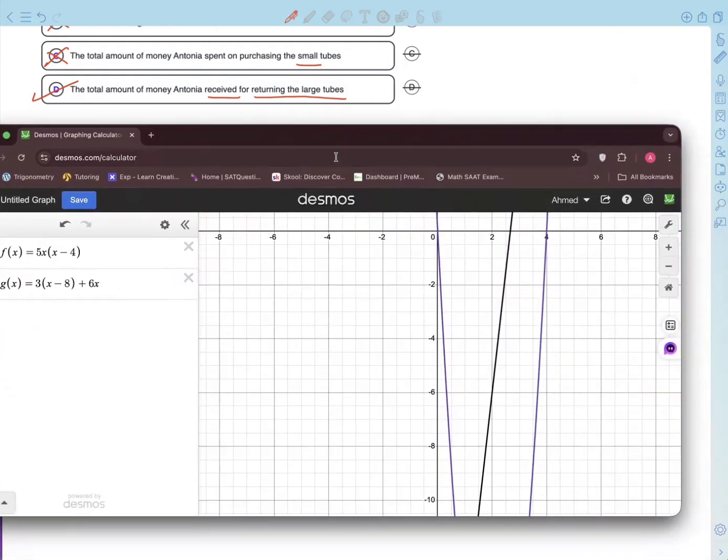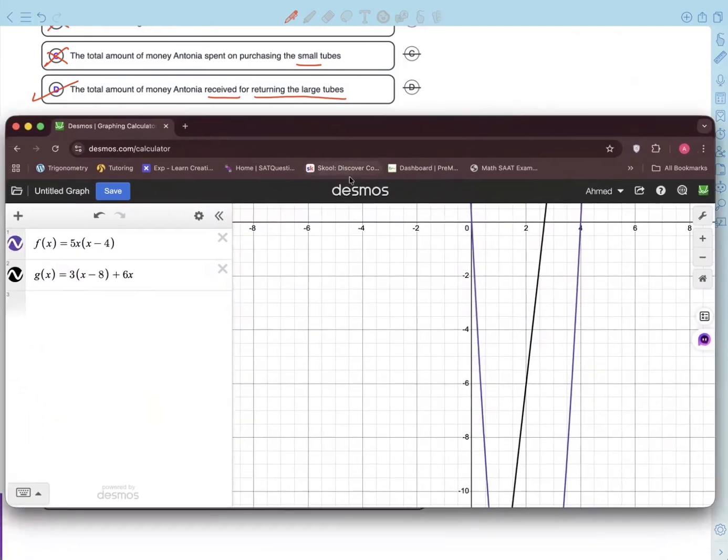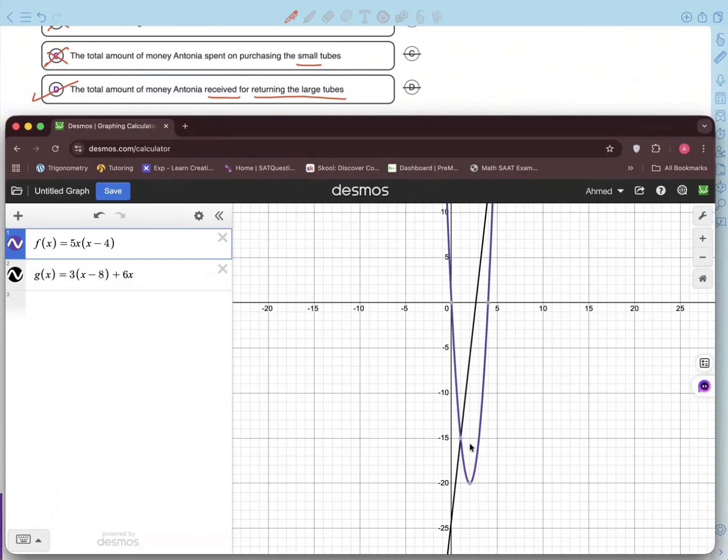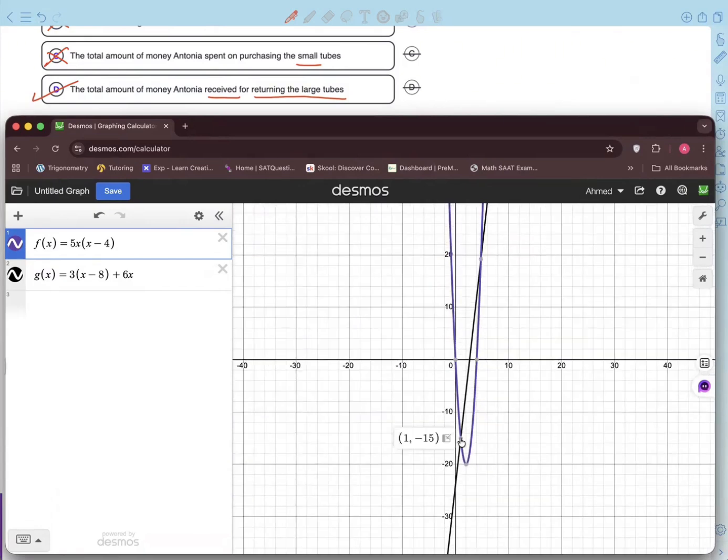So we have a purple one and a black one. Okay, we can make it like this. This is 0 and 0, the first one, and the second one, this point, which is 1 and negative 15.